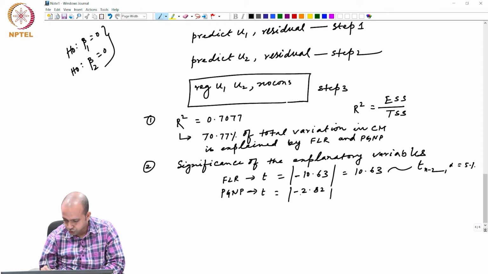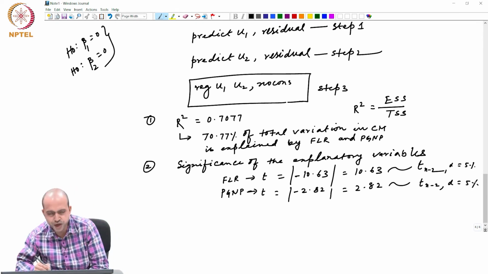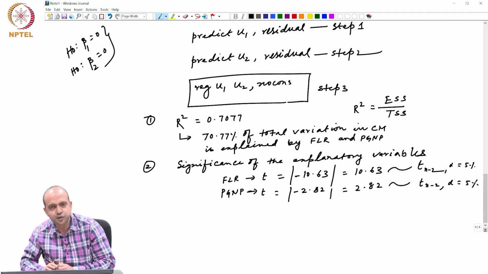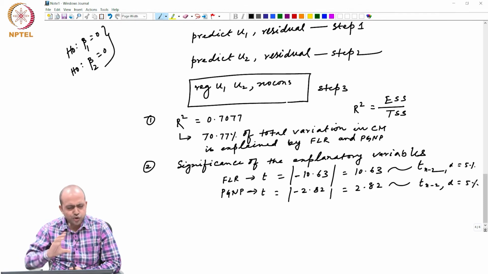This also you take as absolute, then it would become 2.82. It will follow then t with n minus 2 degrees of freedom, alpha equals 5%. We need to compare whether it is actually greater than the tabulated value or not. So, that means going by these t values, we need to compare with the tabulated value.